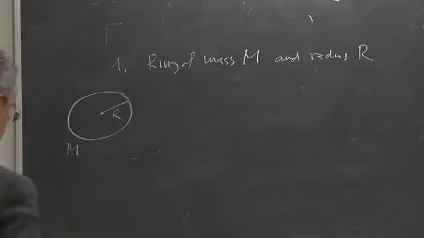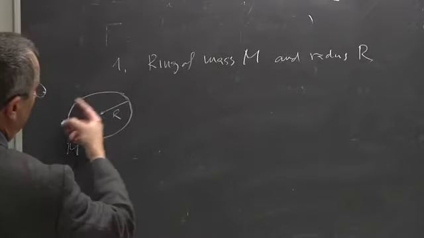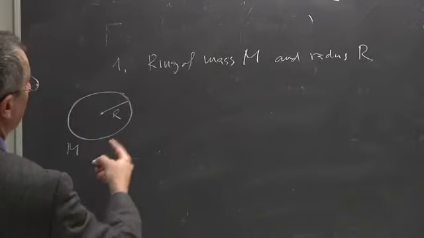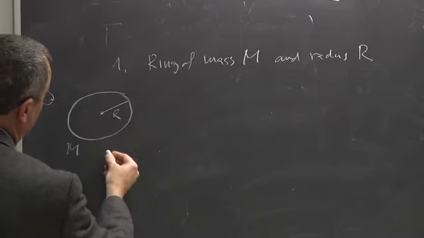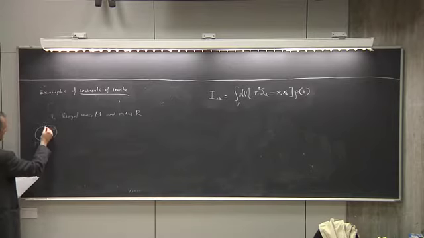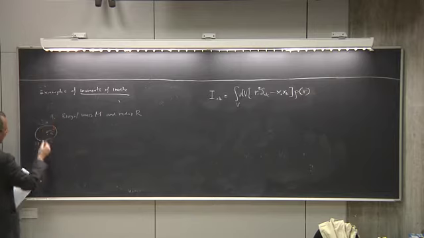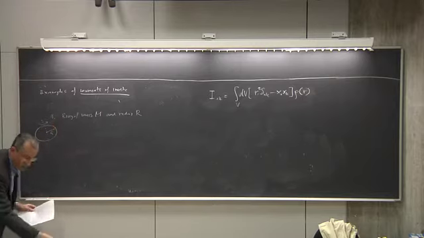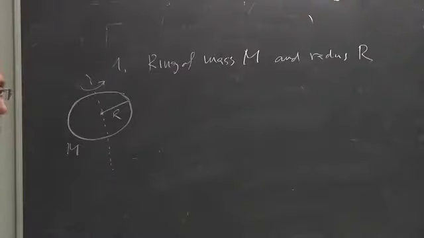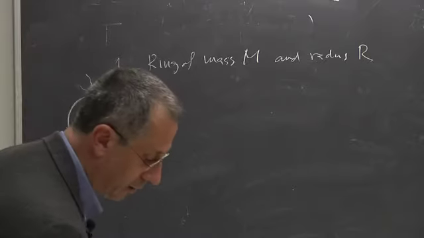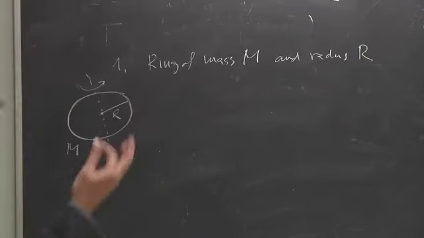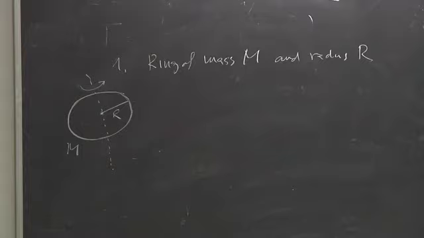So let's first start with computing the moment of inertia of this ring about this axis here. It rotates like a ring, like a bicycle wheel that you pull off the bicycle, and then you spin it about the hub.